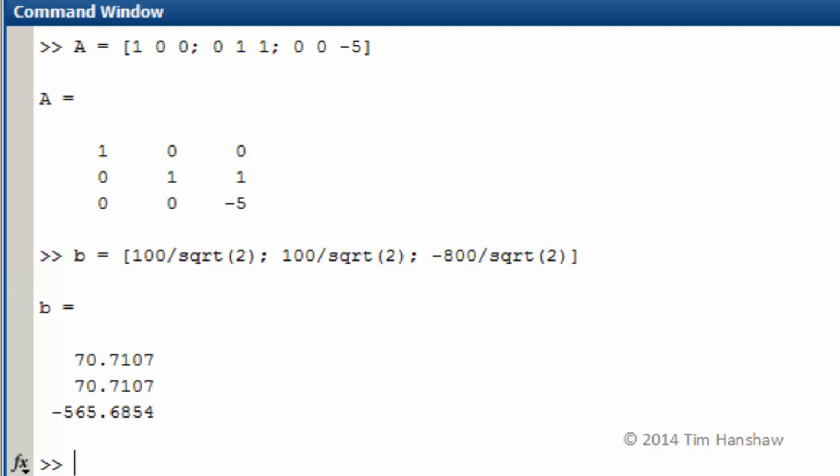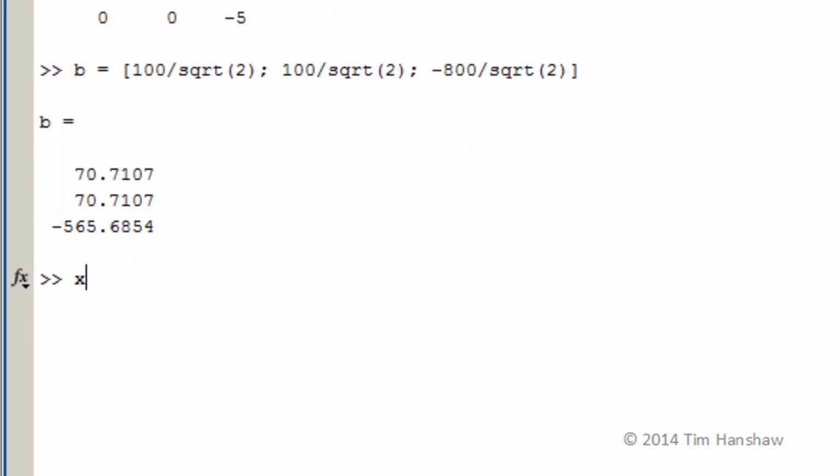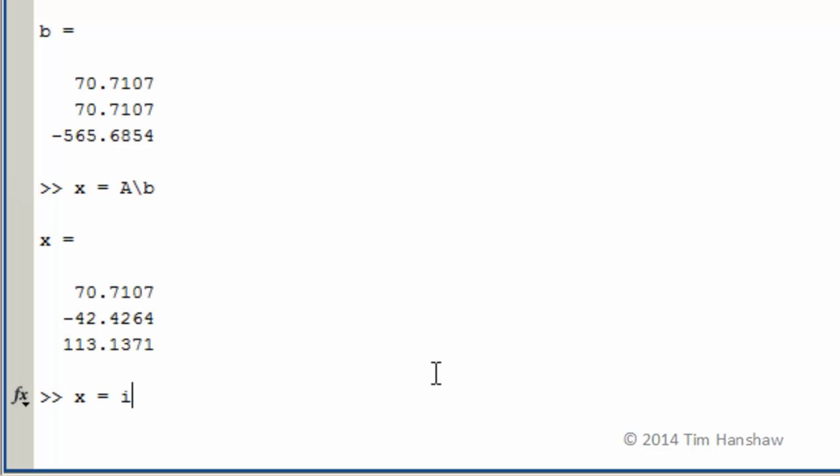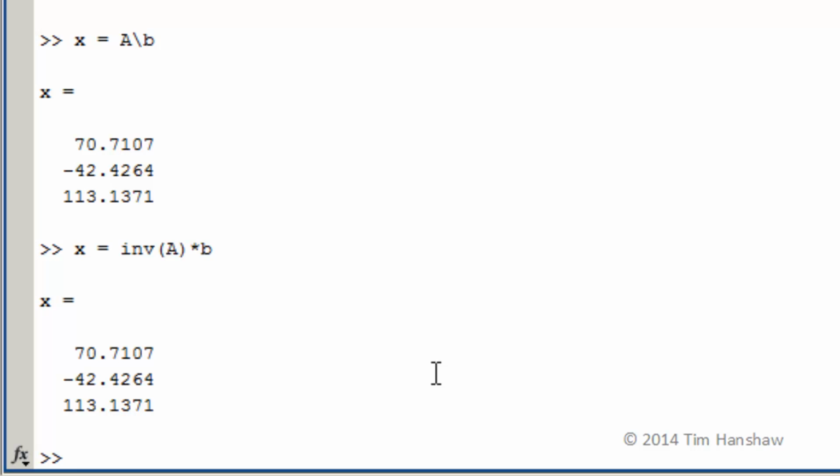Close square brackets. There's my B vector. I can solve for x is equal to A backslash B, or x is equal to the inverse of A times B. They both give the same thing. These are in the order Fax, Fay, and Fby.